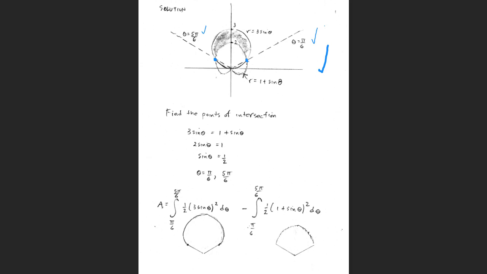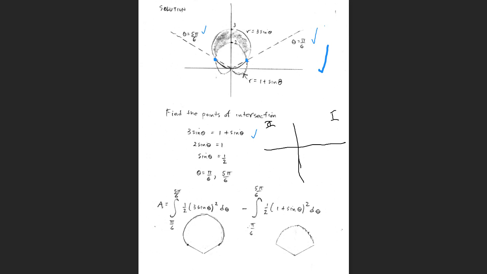Well, those 2 points where the area begins and ends are the points of intersection between the two polar curves. And so we set 3 sine theta equal to 1 plus sine theta. We'll get sine of theta equals a half. Well, sine of theta is positive in the first and second quadrants.